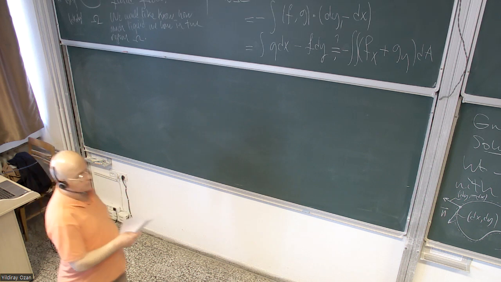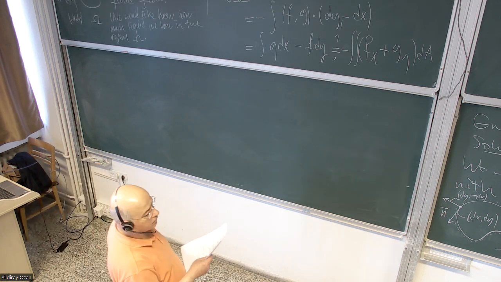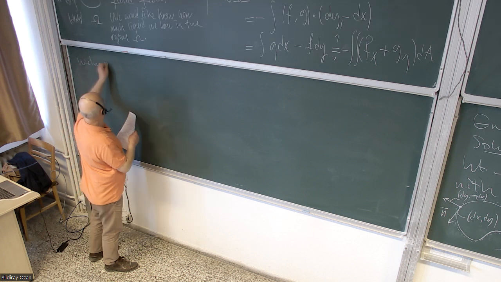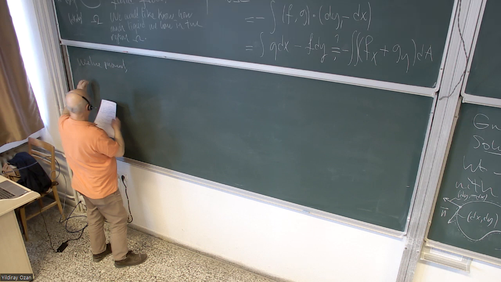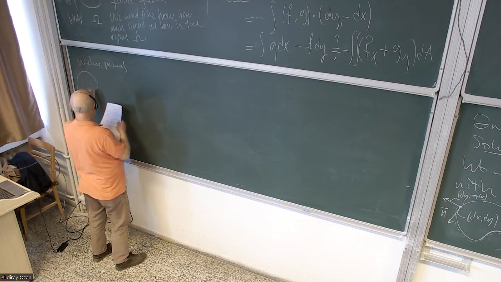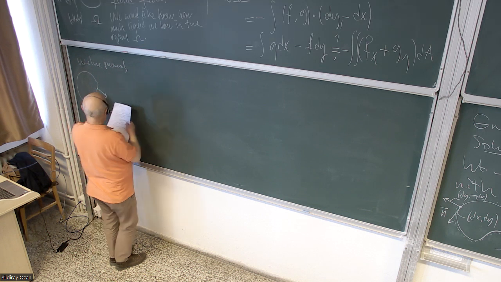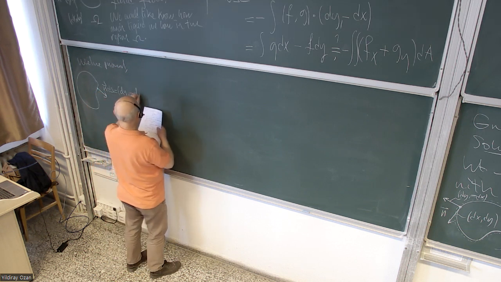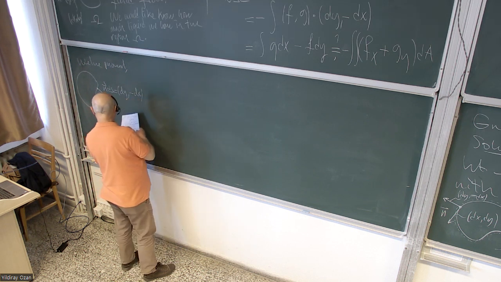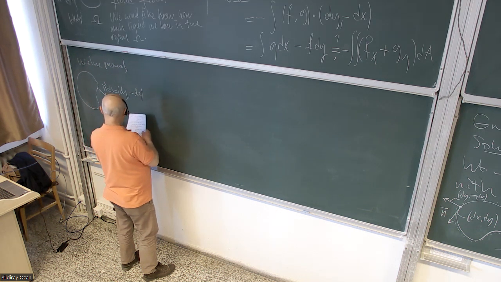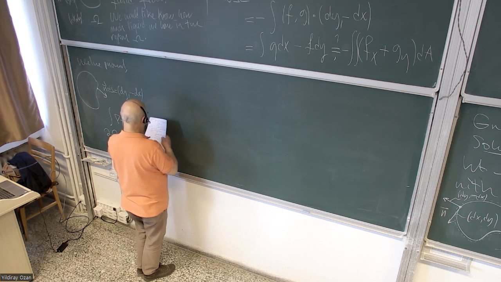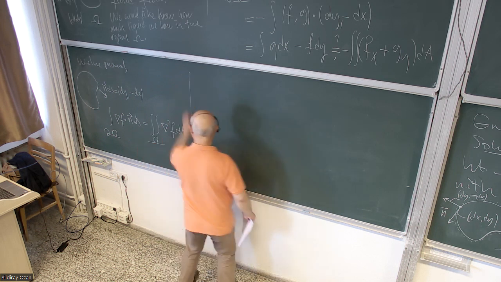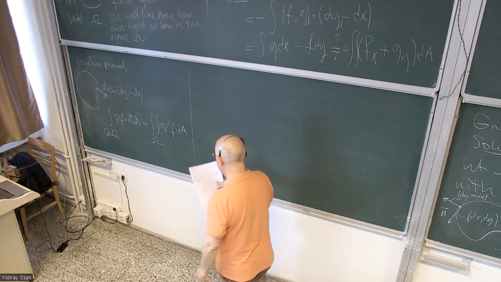So we have proved, for a region like this, that n ds is just dy minus dx, and we proved the following: the integral along the boundary of the gradient of f dot n ds is equal to the integral of the Laplacian of f over dA. So the double integral of this expression.